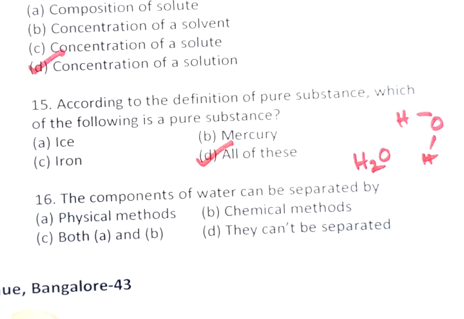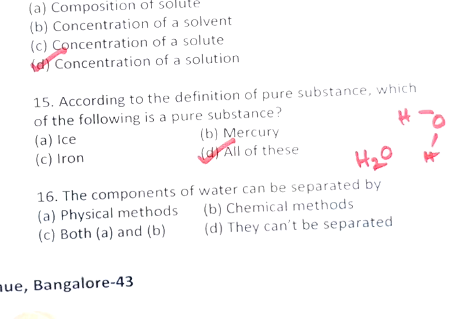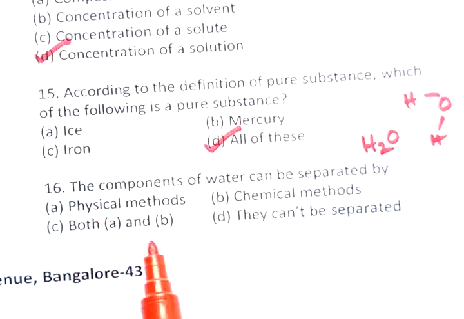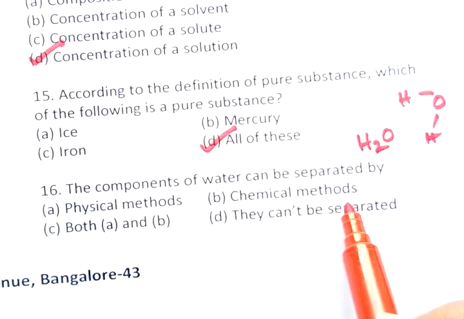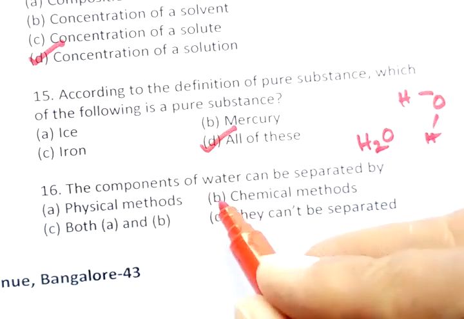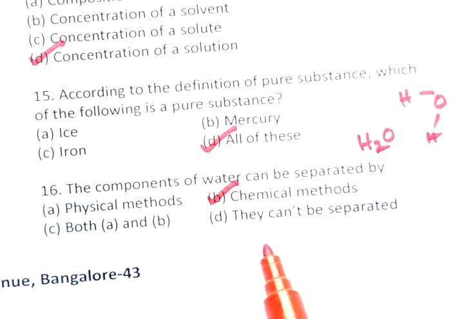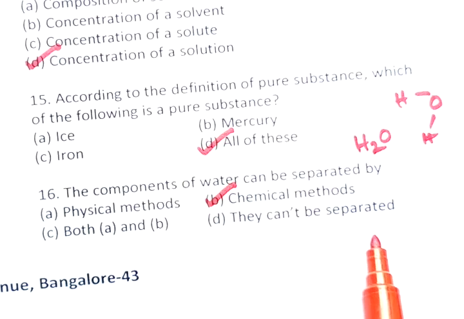So when it gets separated, you have to heat it to very high temperatures. That is a chemical method. Okay, the components of water can be separated by not physical methods, chemical methods only.